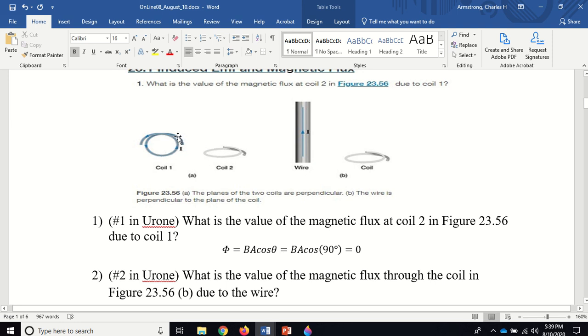See, you put a current through here, it's going to come out and go like this, come out and go like this. It's going to be parallel to the area here. That means there's not going to be any flux flowing through there. So you've got BA cosine. We don't have to worry what the magnetic field is or anything. It's going to be 0. Okay, that's how easy it is.